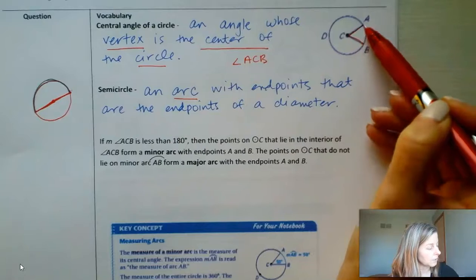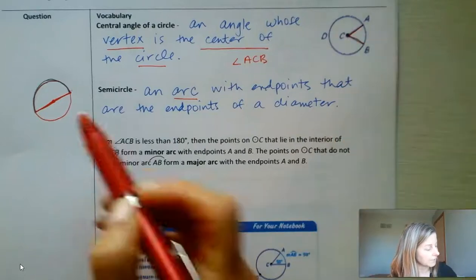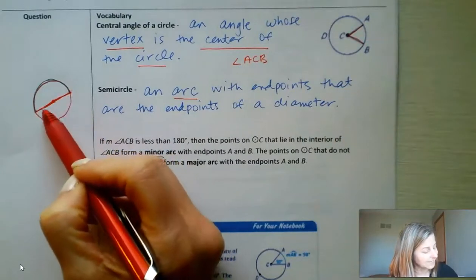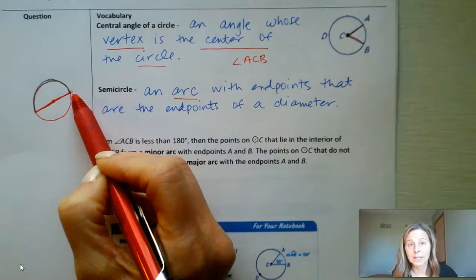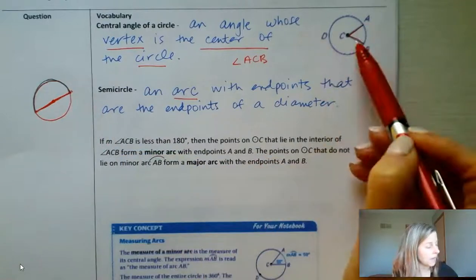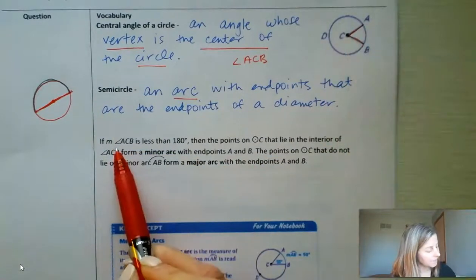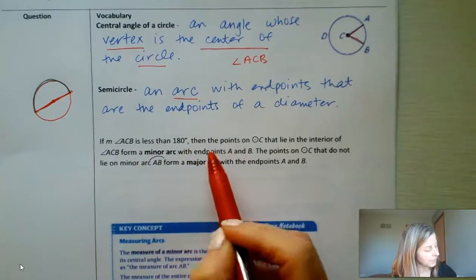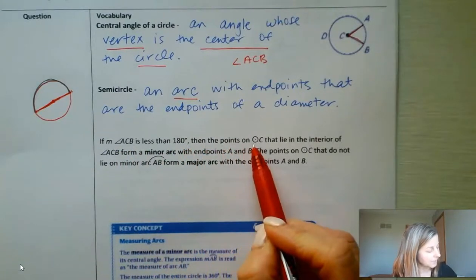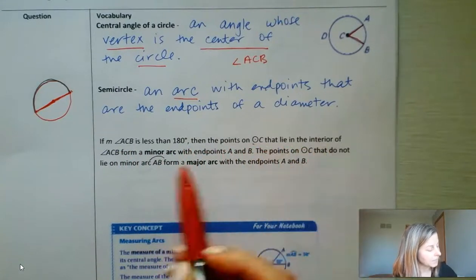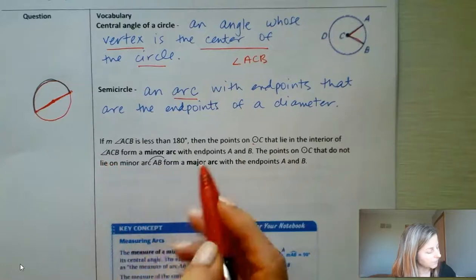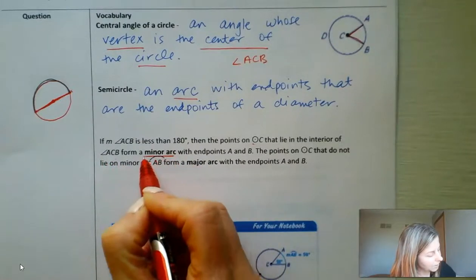If you look at this segment or line, it's like a straight angle. This doesn't make a straight angle, so I can tell that's less than 180. If that angle is less than 180, then the points on circle C that lie in the interior of angle ACB form a minor arc.